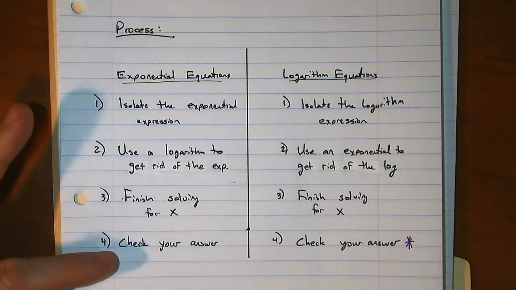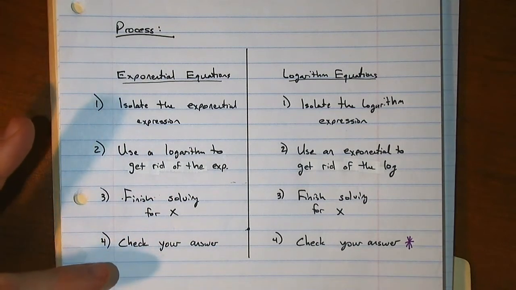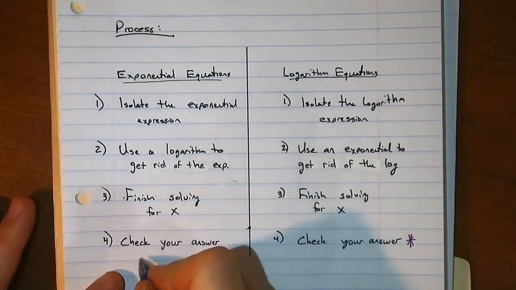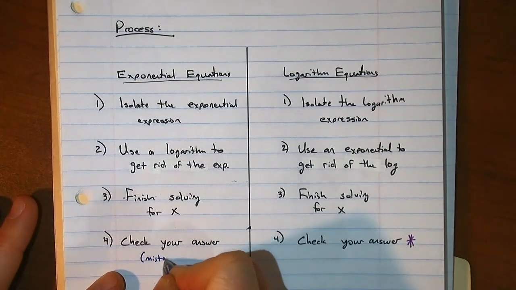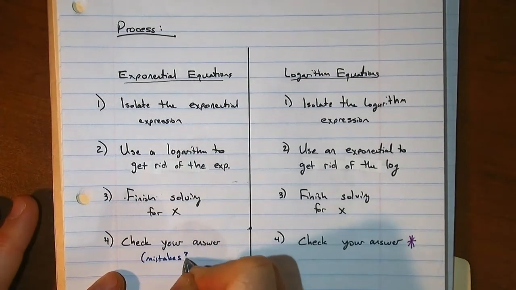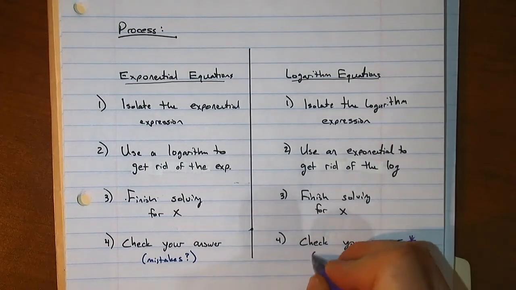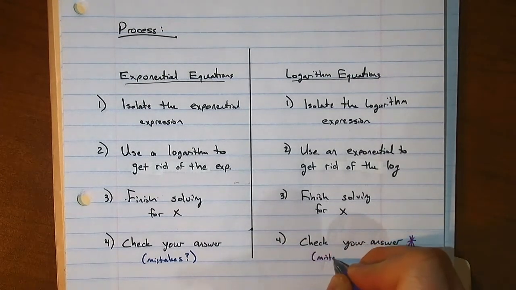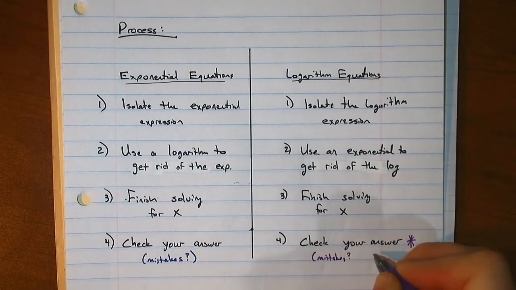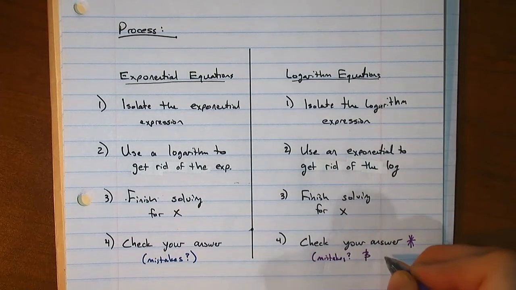Checking your answer really is just looking to make sure you didn't make an arithmetic mistake. That's all you're doing when you're solving an exponential, checking to make sure you didn't make a mistake. But when you're checking your answer with a logarithm, you're not only looking for mistakes, you're also looking for extraneous solutions.